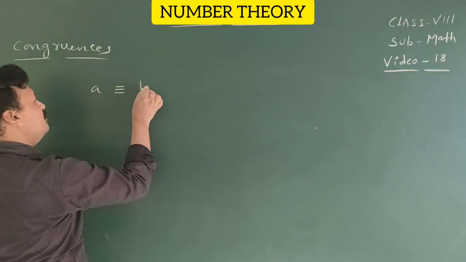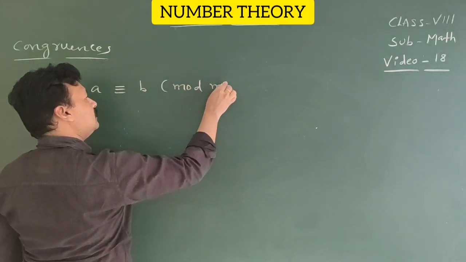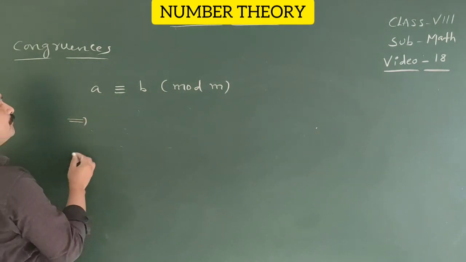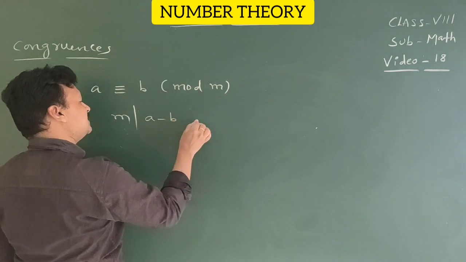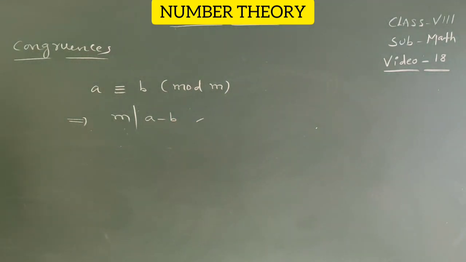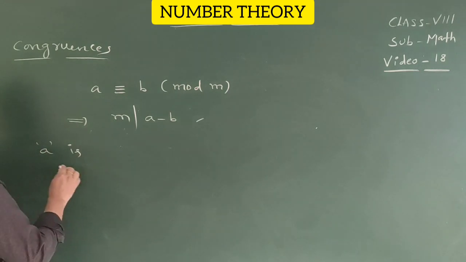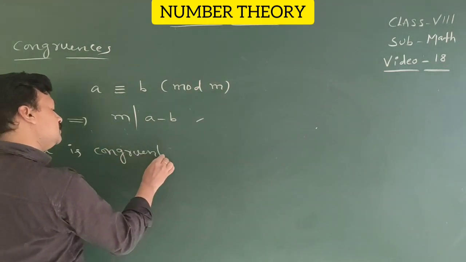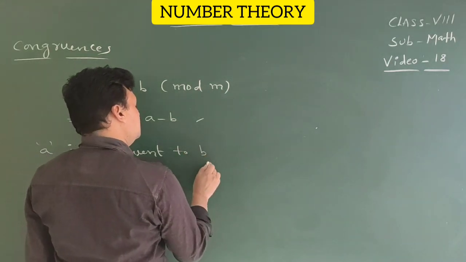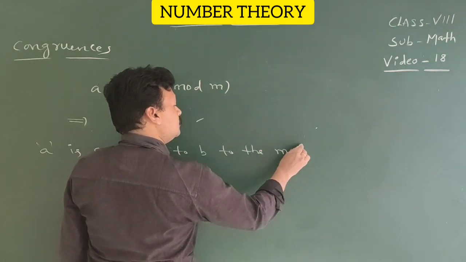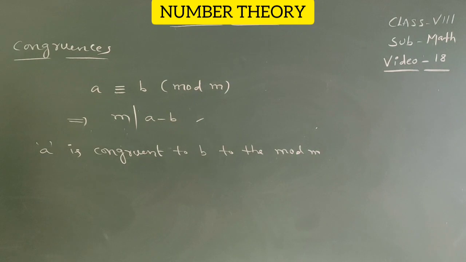A is congruent to B modulo M means M divides A minus B. This can be read as A is congruent to B mod M. Here M is a fixed integer, and A and B are also integers.